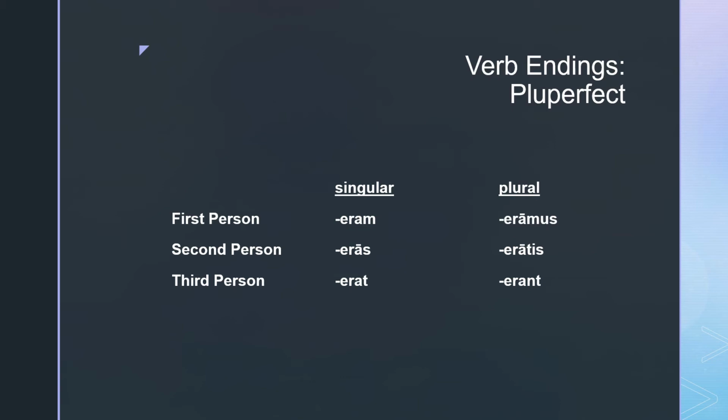So if I just saw eram not as an ending, that would mean I was. The Romans recycled it, the form, and turned it into the ending of the pluperfect tense. And like I said, we see the repetition here, M, S, T, MUS, TIS, NT. Just a slight variation on it.